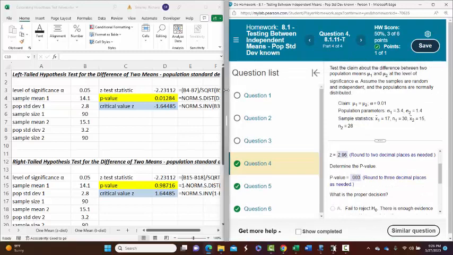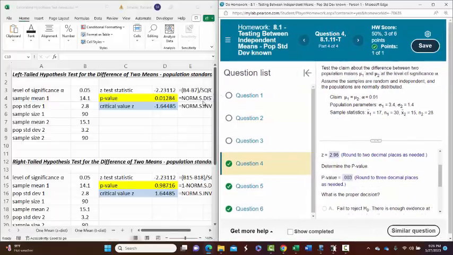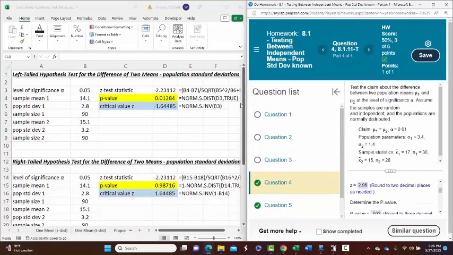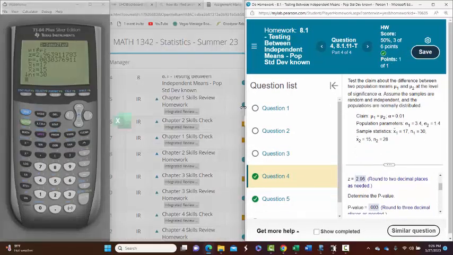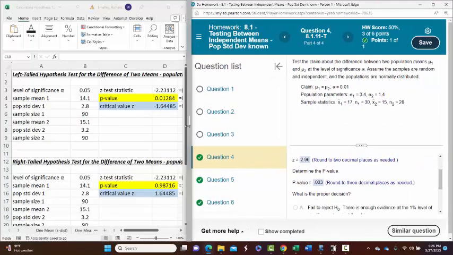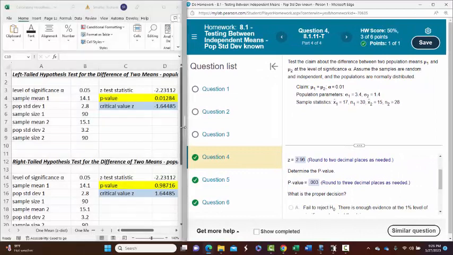Move this over some. I can't tell which one I'm grabbing there. Move this one in. All I want to be able to do is see the numbers there on the right. Okay, now I've got enough view here. Alrighty, two-tailed.